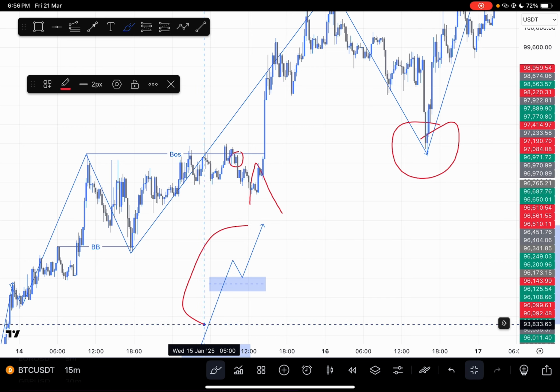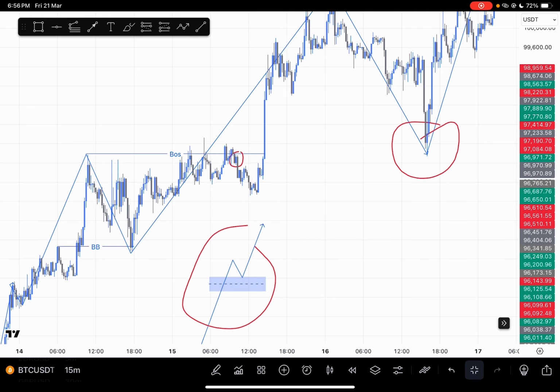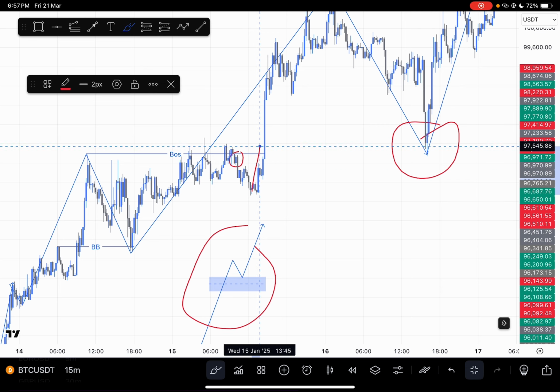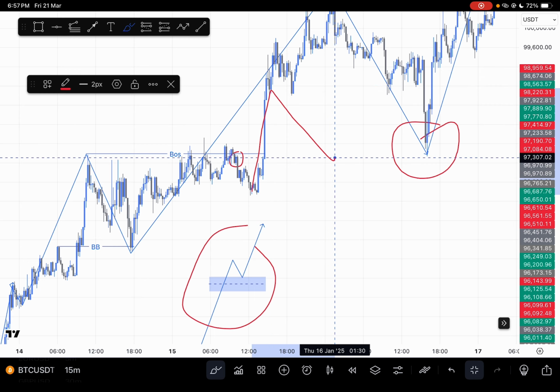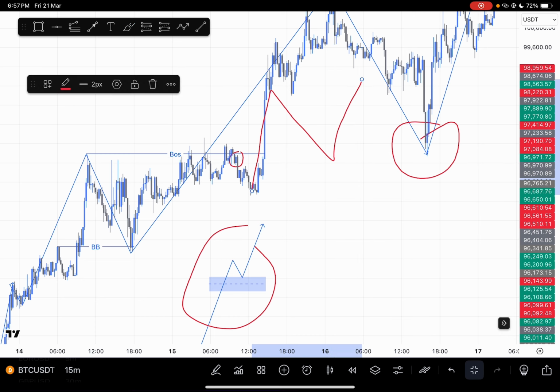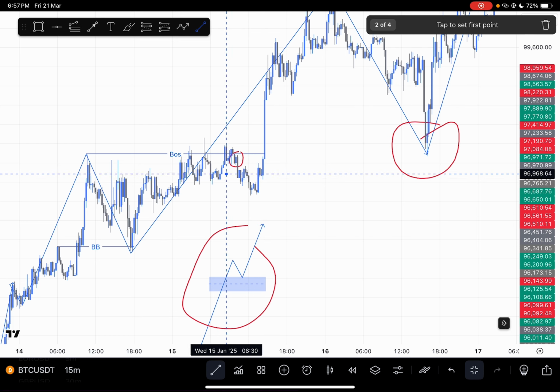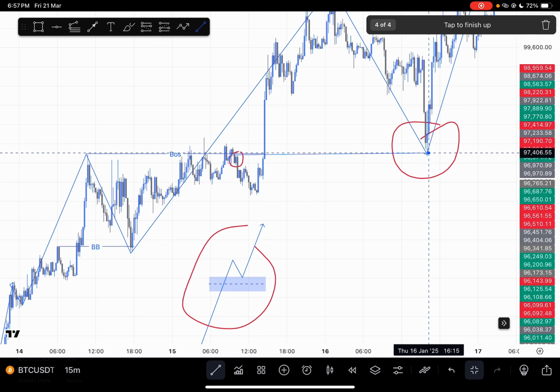If you follow that pattern here, you saw price broke above the order block, and the order block automatically turned into a breaker block. You see price came back to retest on it before pushing to the upside. Now if you trace this line back, you see this is the breaker block.